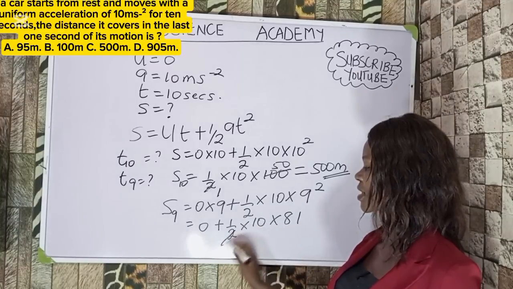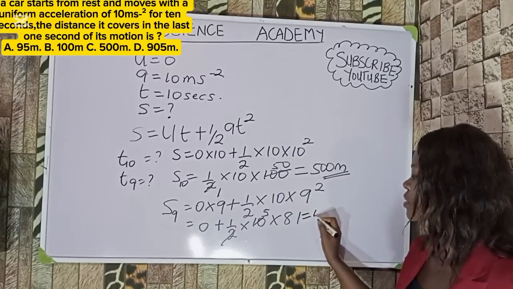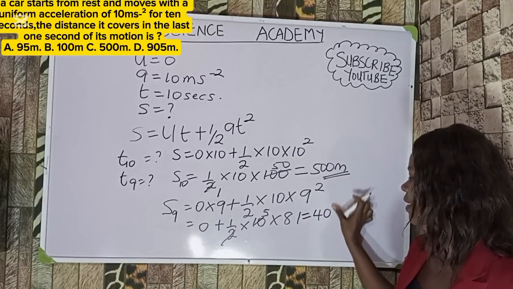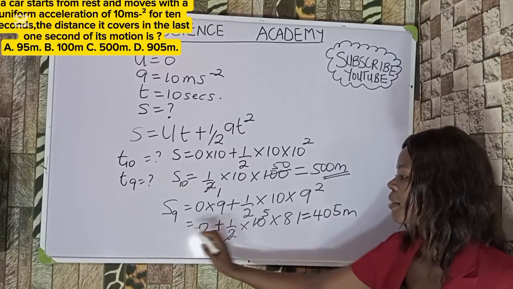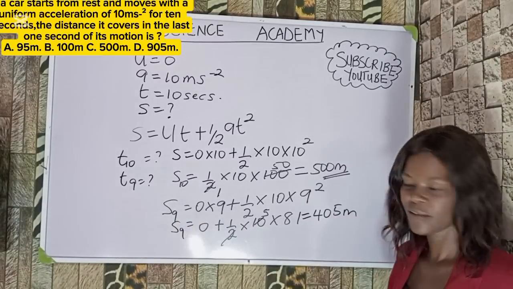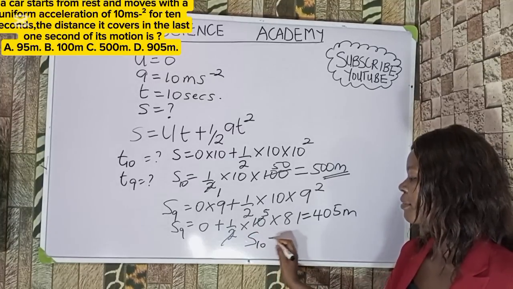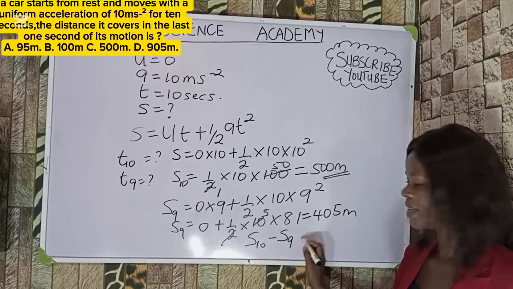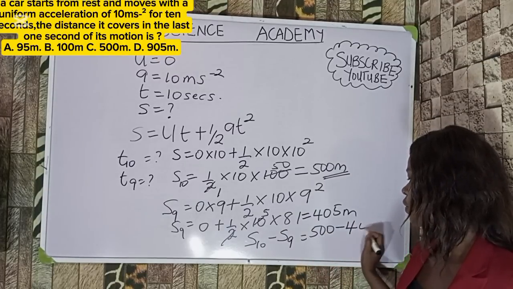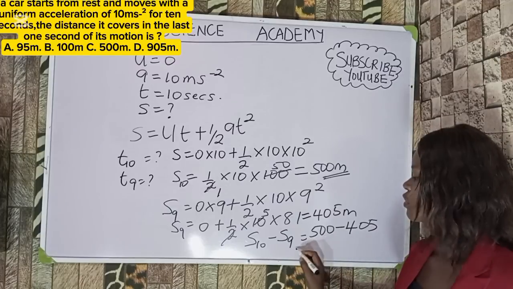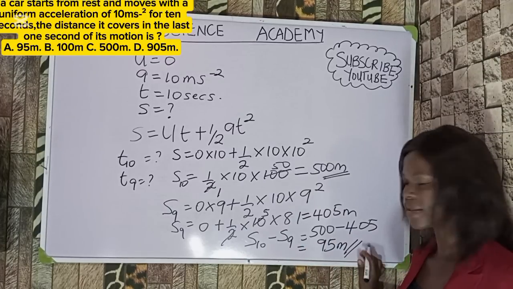Now this can cancel this to give us 5. 81 multiplied by 5 is going to give us 405 meters. That is my x9. So the distance I'm looking for is x10 minus x9. That is 500 minus 405, which will give rise to 95 meters. Is that clear?